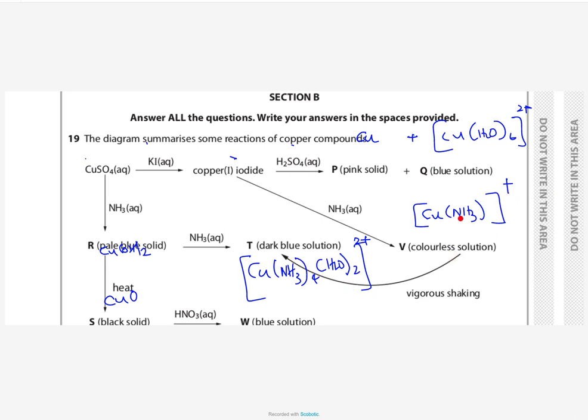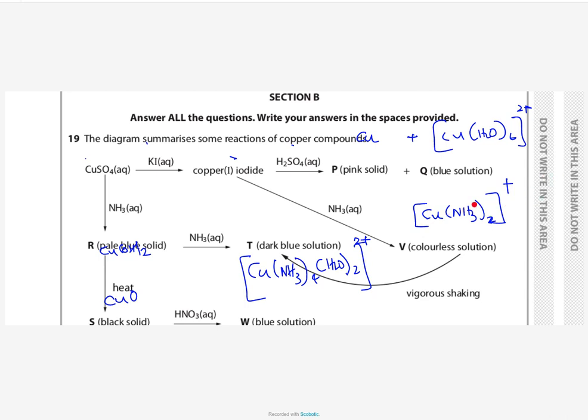So ammonia will not be 4 here because vigorous shaking will give you more ammonia. The smallest complex will have a minimum of 2 ligands. Then it can go up to 4 or 6, but copper doesn't form 6 ligands with ammonia because ammonia is a bulky ligand.